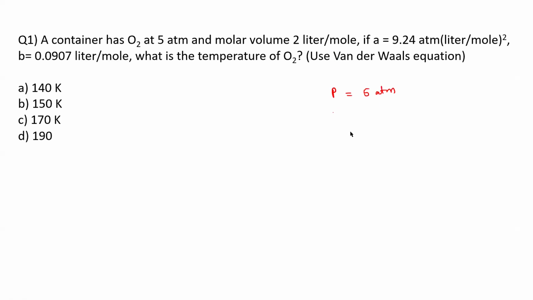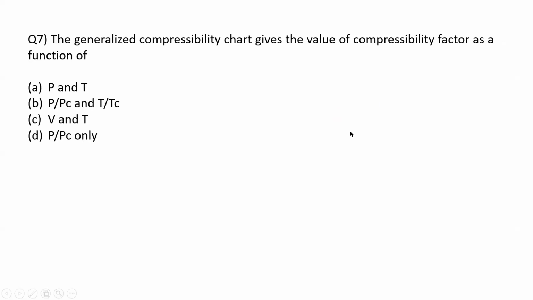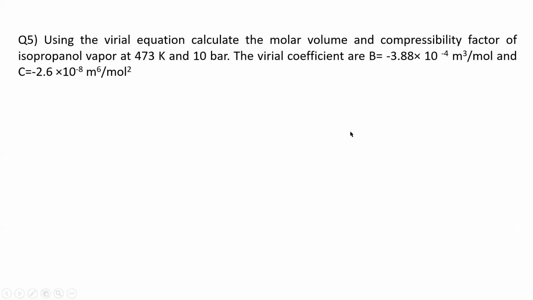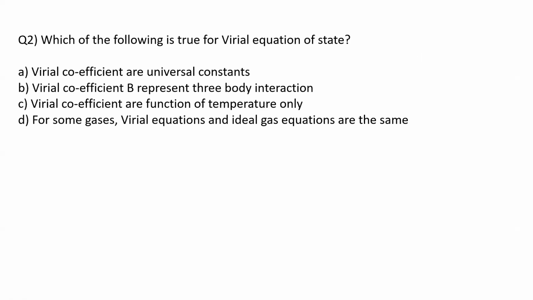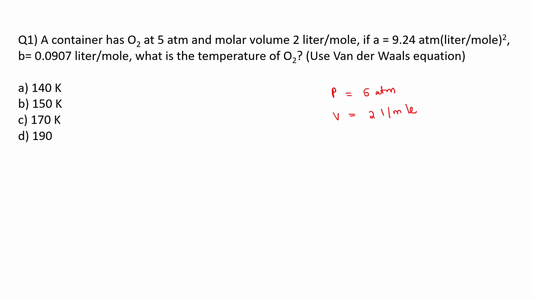One thing has to be noted: everywhere we are writing PV = RT, but generally you might have read PV = nRT.